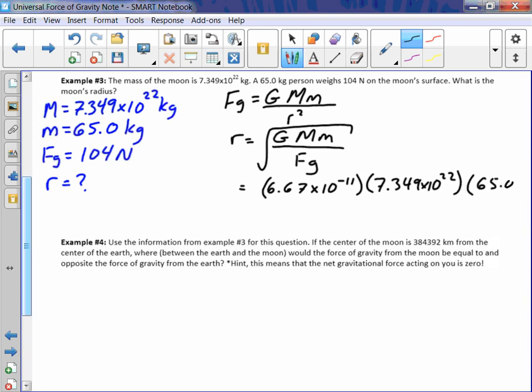Don't forget to round. Is that meters? Yeah, 1 million meters. So huge. These numbers are too big. 6.67.